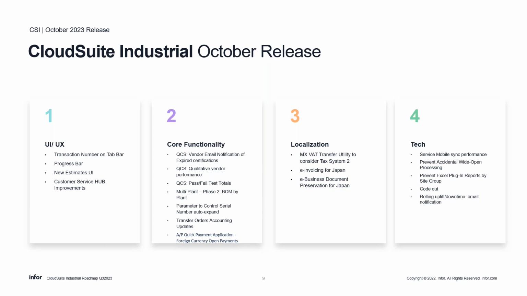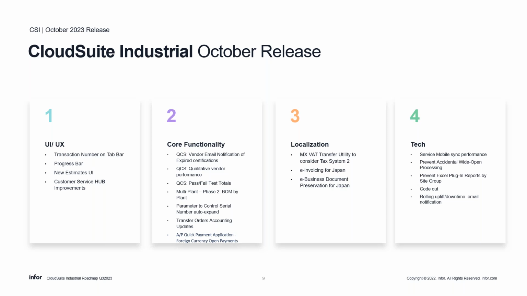We wanted to prevent accidental wide opening processing, so our tech teams built some functionality behind the scenes for that. We also wanted to be able to limit the Excel reports from the Excel plugin to be visible, to basically use the same site security as the user, so by site group.